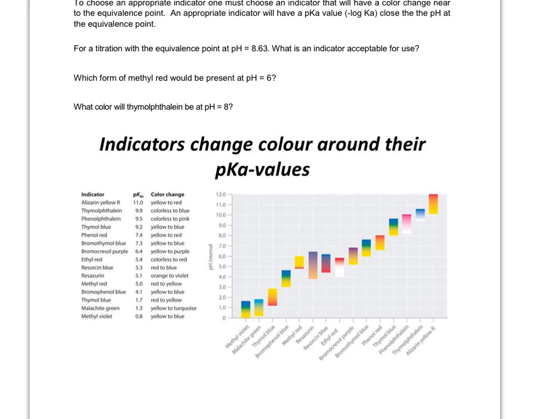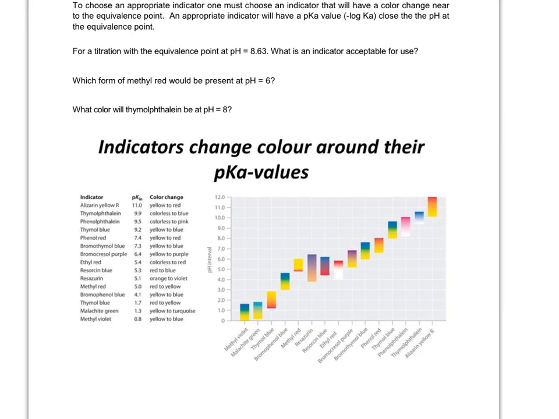For example, that first indicator right here, if it has a pKa of 11, that means at pH 11 it will go from yellow to red. Thymolphthalein, for example, will go from colorless to blue at a pH of 9.9 and so on. So they will change color around the pH that matches their pKa.